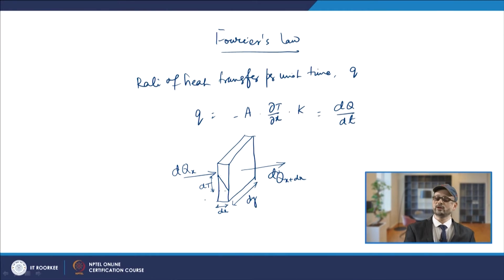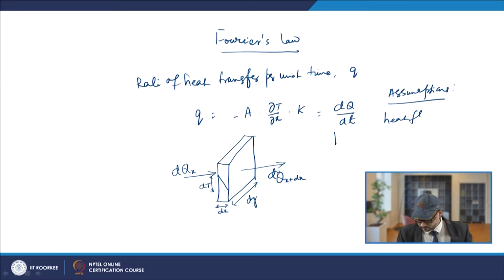This is the condition of unidirectional heat flow, and in this there are many assumptions, like the heat flow in the y and z direction is 0. Accordingly, you solve this equation and try to get the temperature field.